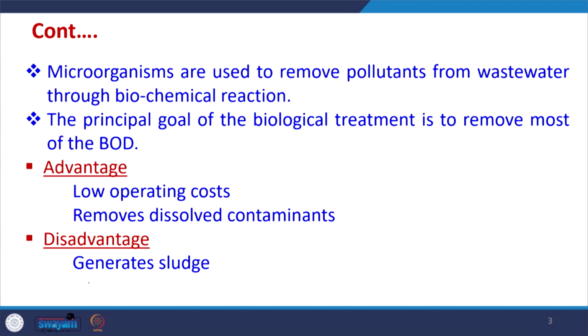Second disadvantage with respect to the use of the biological treatment process is that they have slow kinetics. That means, they work much slower than the usual physicochemical treatment processes. So, under that condition the same amount of wastewater has to be treated, first in the physical system, then in the biological system. Because the kinetics is slow, the volume will increase.